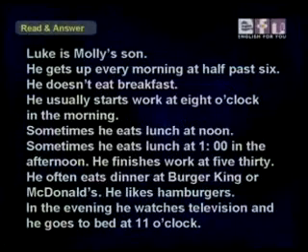Read and answer. Luke is Molly's son. He gets up every morning at 6:30. He doesn't eat breakfast. He usually starts work at 8 o'clock in the morning. Sometimes he eats lunch at noon.